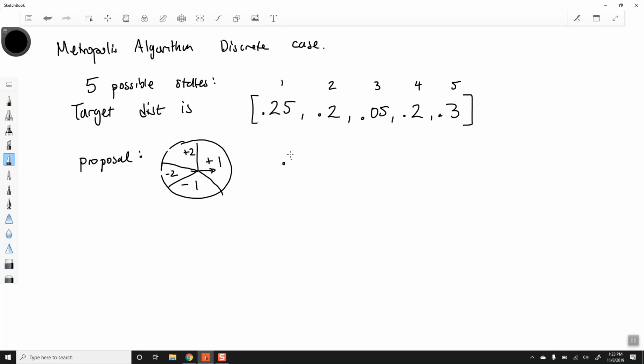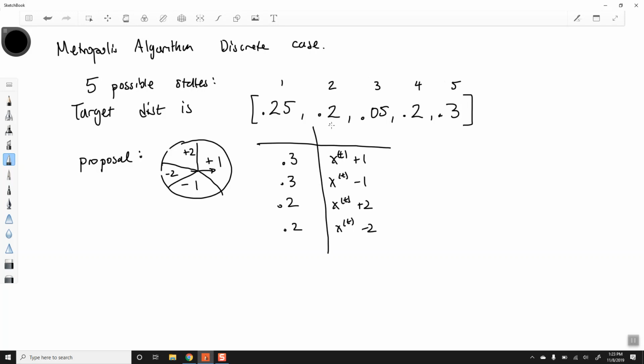So we'll say 0.3, you'll go x of t plus 1, 0.3 x of t minus 1, 0.2 x of t plus 2, and 0.2 x of t minus 2. Okay, so this is going to be your x, and this is g of x given x t.